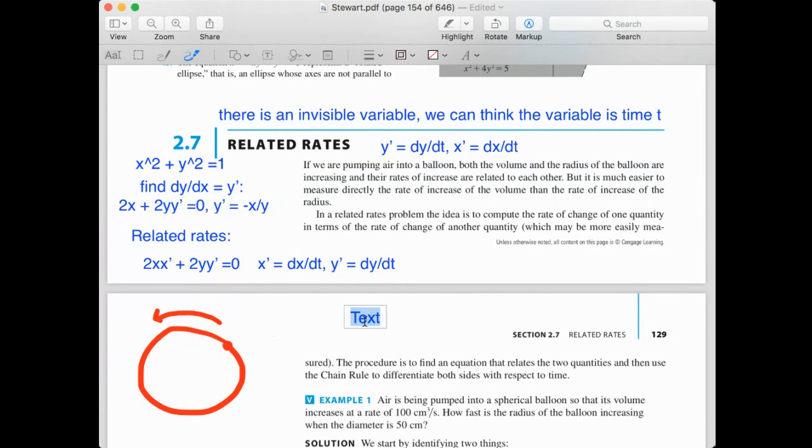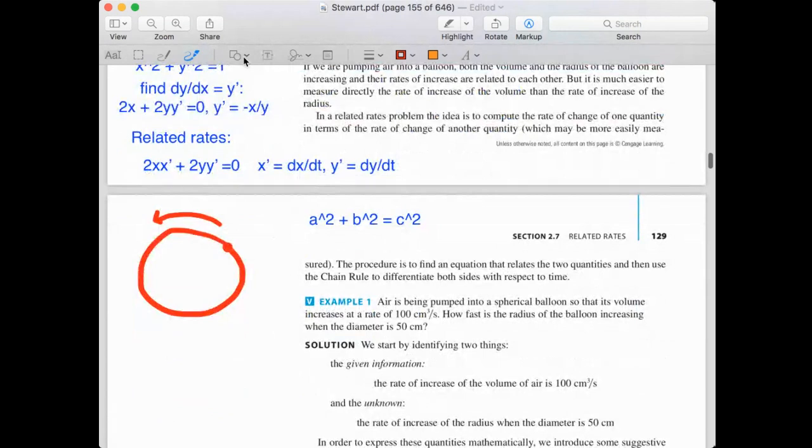We remember the Pythagorean theorem, right? Think about a right triangle. We have the sum of two legs squared. A and B are the two legs, and C is the hypotenuse. So we have A squared plus B squared equals C squared.